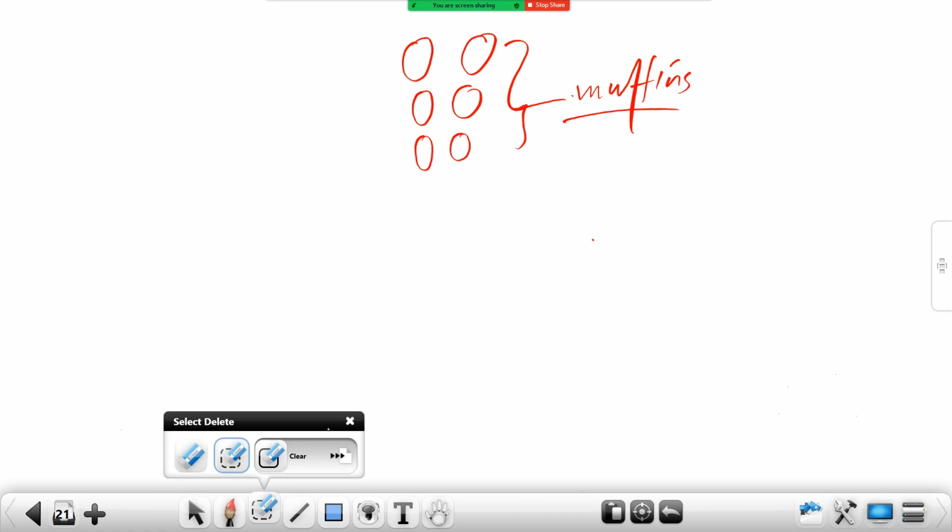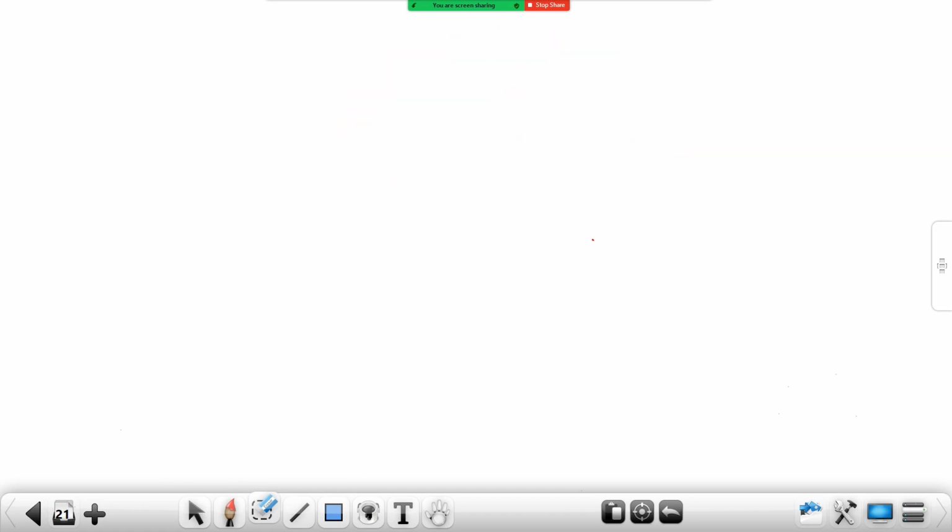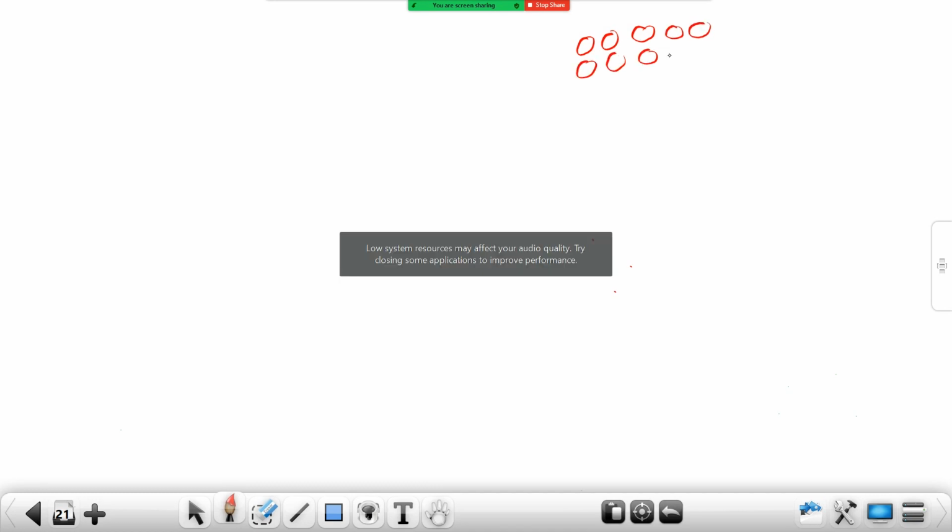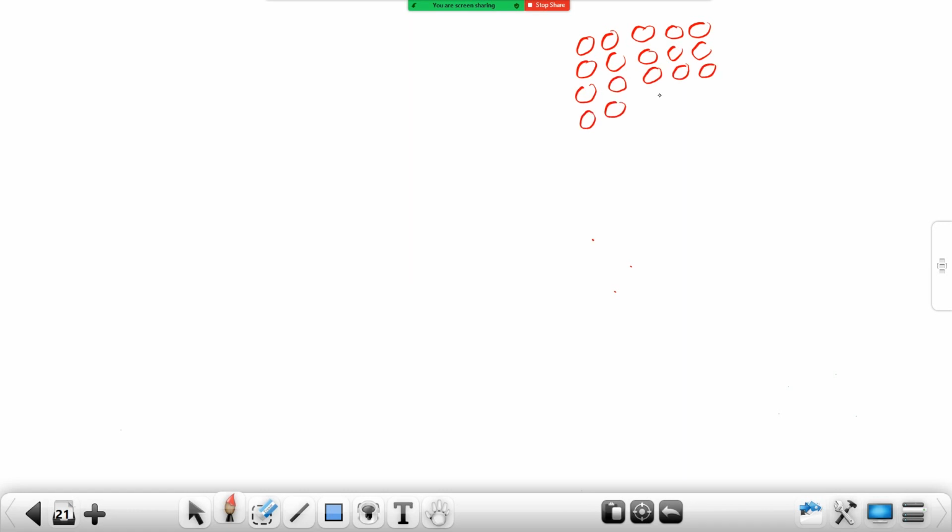Or because all of us are familiar with 6, let's say we now want to have 24 muffins: 1, 2, 3, up to 24. This is the final product that I want to get. This is the muffins. I'm moving away from science, but trying to explain this concept.